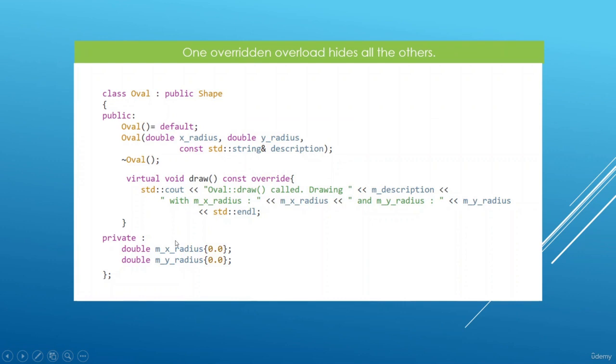And this is something I want you to know. So once you override a single overload of your virtual functions, all the other overloads are going to be hidden, and they won't be usable anymore by downstream inheriting classes. If you want all the overloads to be available to downstream inheriting classes, you have no choice but to explicitly override each of them, and that's how it's going to work.